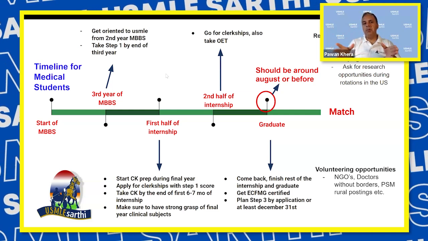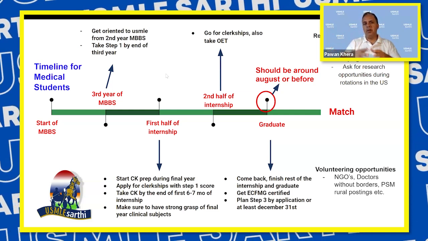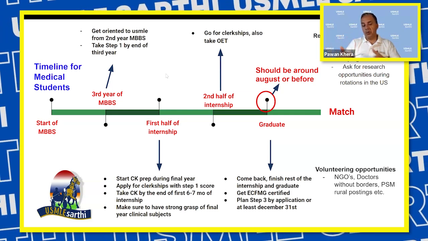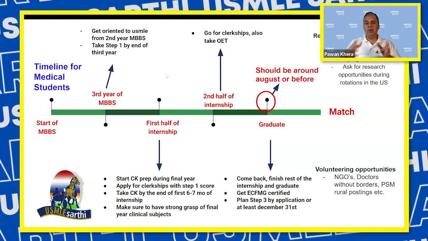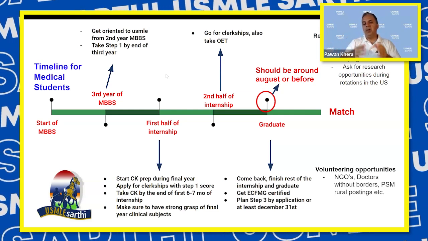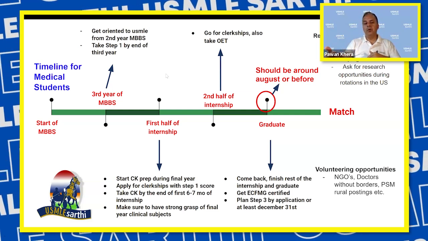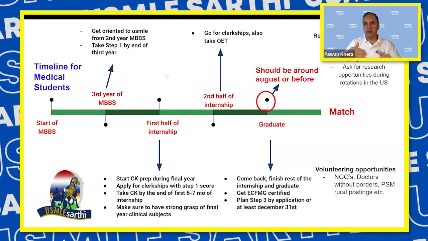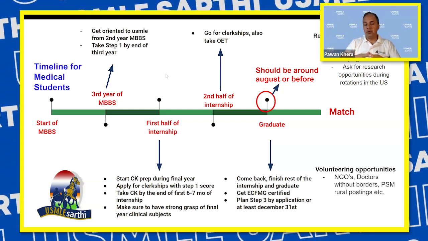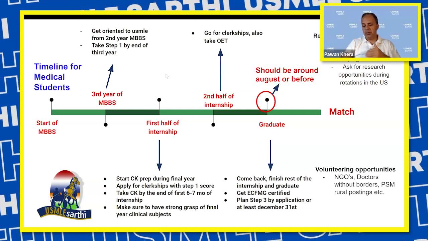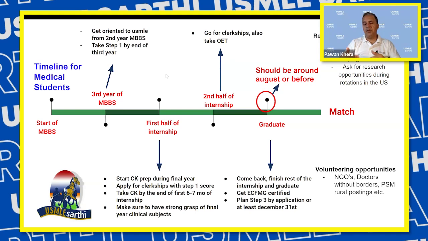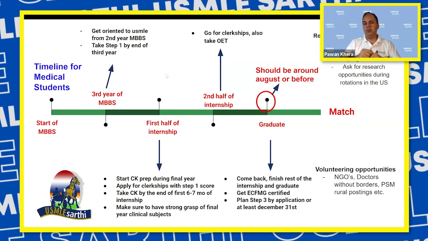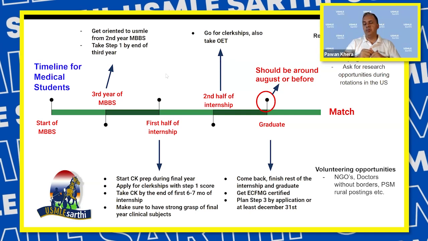Third year of your MBBS, take Step 1 at the end of the third year. First half of internship, you've got to be starting the CK prep, take CK, hopefully before you go for USCE. That can help. But again, CK is a make or break exam now, so you've got to really, really assess your performance before you go. Remember, 3 to 4 months of USCE is very important.